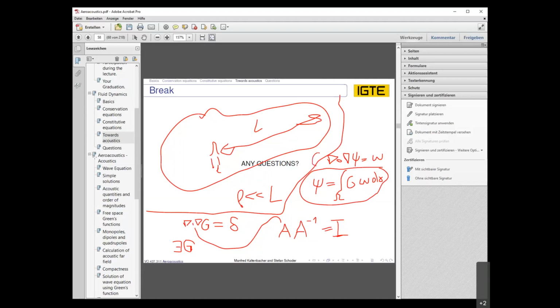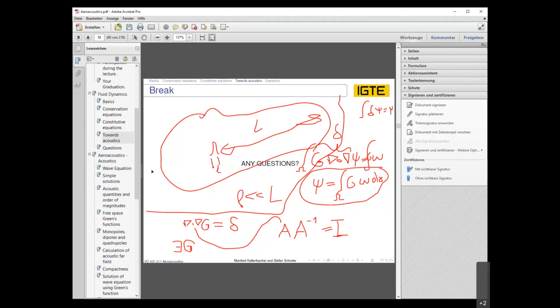If you now multiply the Green's function in front and also multiply it there, and then you integrate over it, and also do the integral over there, then with the integral identity you have the delta property, and the integral of delta times psi is purely psi.